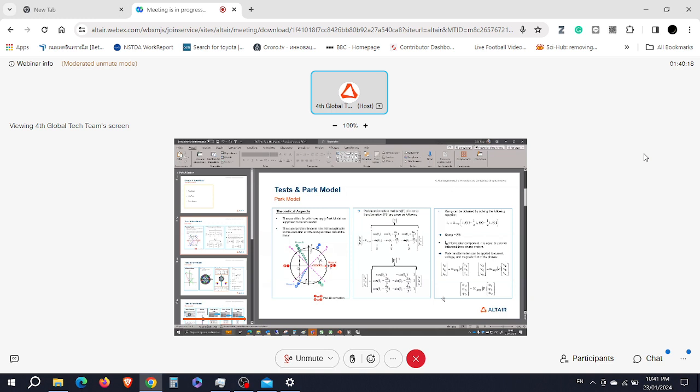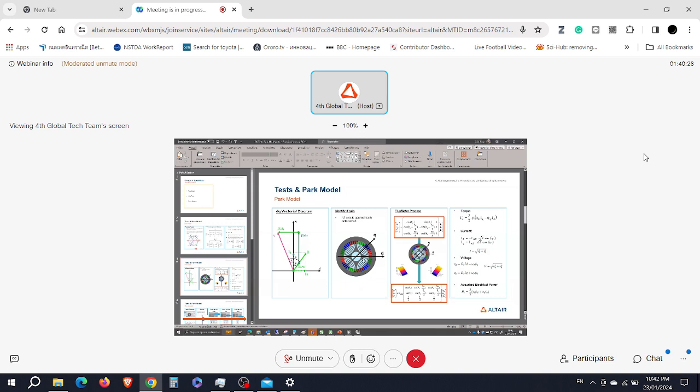Please note the DQ axis. Once again, if we take this synchronous reluctance machine, it's really easy to define the location of the axis.